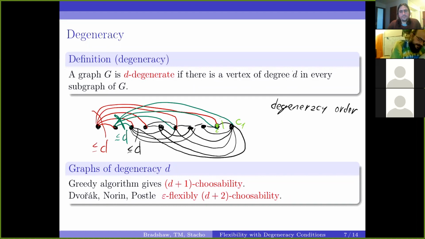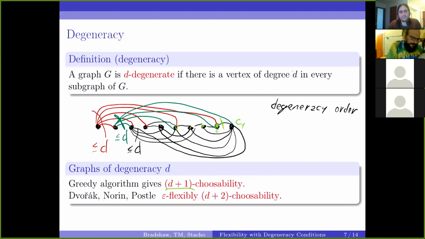But as the degree on the right is at most D, we discard at most D colors, and we are left with one more color. So in this easy way, we can greedily color our graph. If it's D-degenerate, then D+1 colors are sufficient.